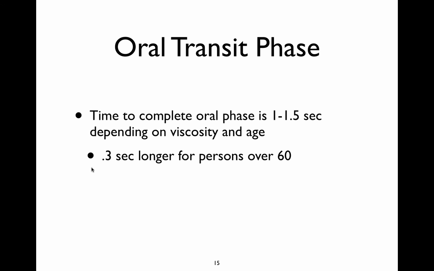Not much, 3/10 of a second, but just a little bit longer. So you can imagine if that transit time is a little longer if you're older, that would give particles a little bit of time to prematurely spill into the pharynx while the oral cavity is still being stripped of the bolus.